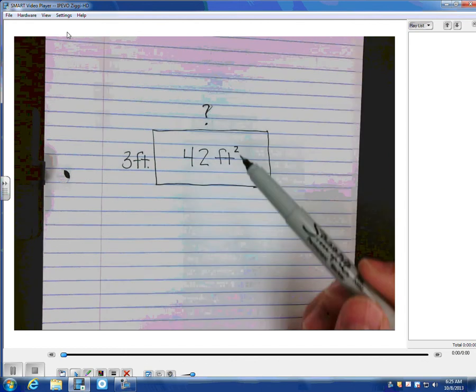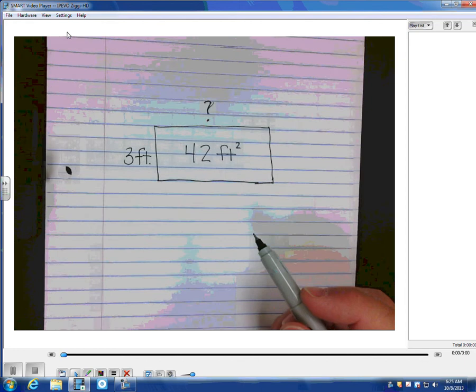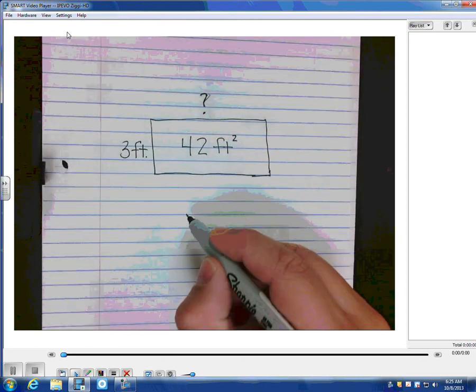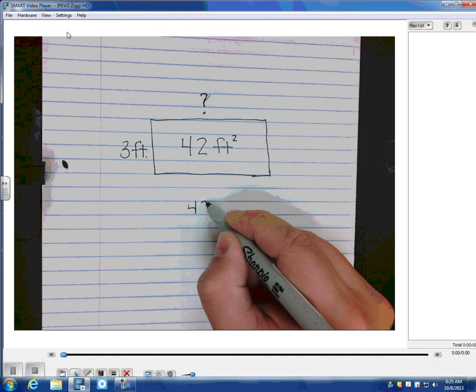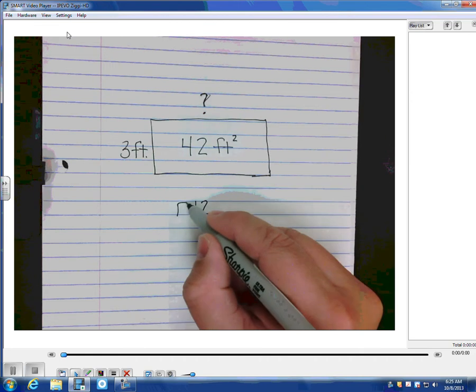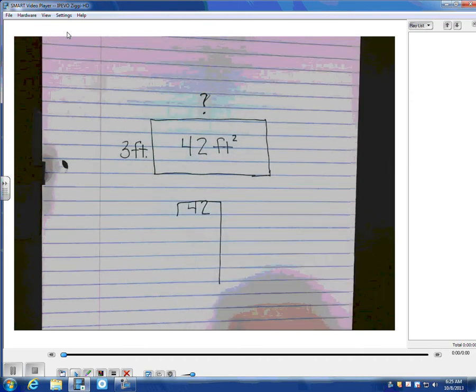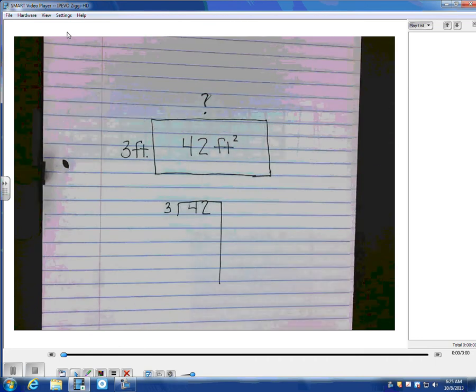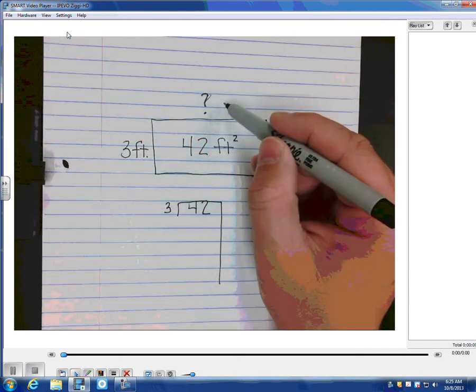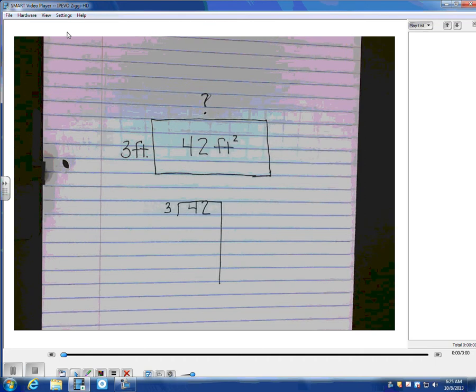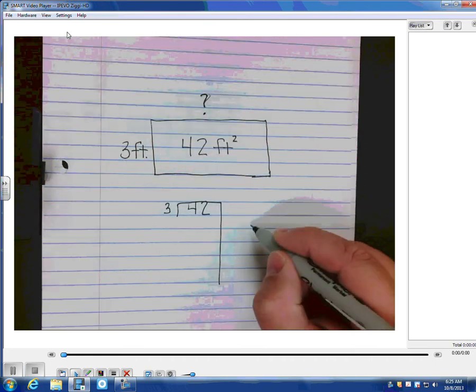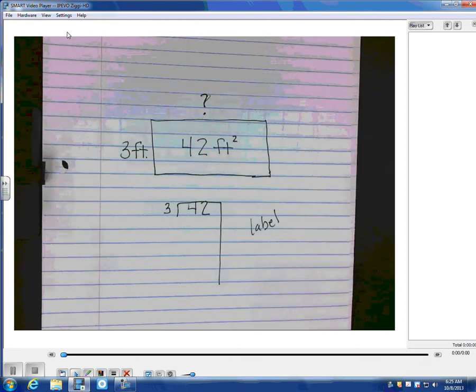So again, just like on last week's review sheet, you need to divide 42 by 3. Once you do that, you will find out the missing length there. Just make sure you label once you get your answer after you do the division problem. Okay? All right.